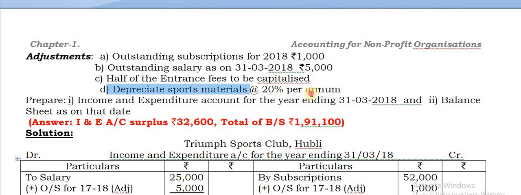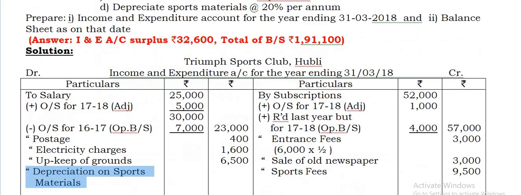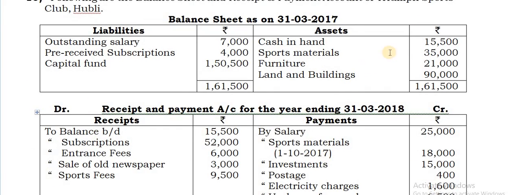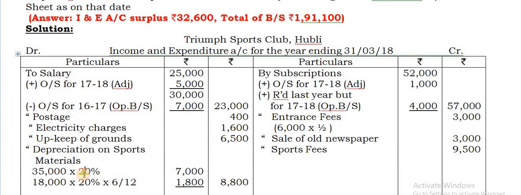After that, in the adjustments there is depreciation; that makes the fourth. So next go for depreciation on sports materials. Look, this 35,000 is the opening value. On it the rate is 20% per annum into 12/12, that is for 1 year. 12/12 is nothing but 1, so we won't show that; it is 7,000. Then 18,000 into 20% into 6/12. This is only for half a year on the additions.